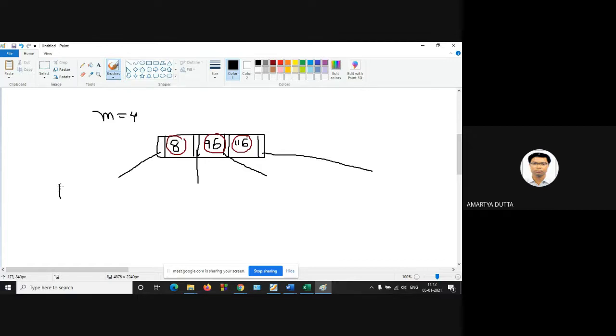Now you have to draw a total of 4 nodes: 1, 2, 3, and the last one is 4.